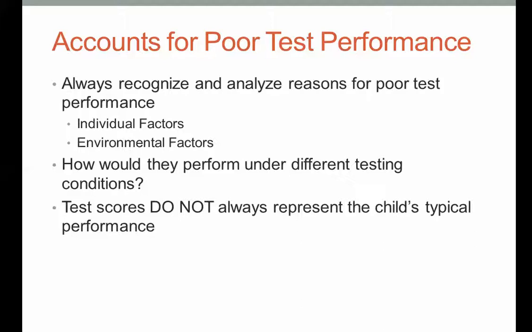So it's really important to understand your student well before they get in there, and make sure that their results are definitely a true reflection of their performance on that test. And also remember that test scores do not always represent the child's typical performance, either good or bad. So just know that one assessment is one snapshot in time of how that student is performing on that assessment.